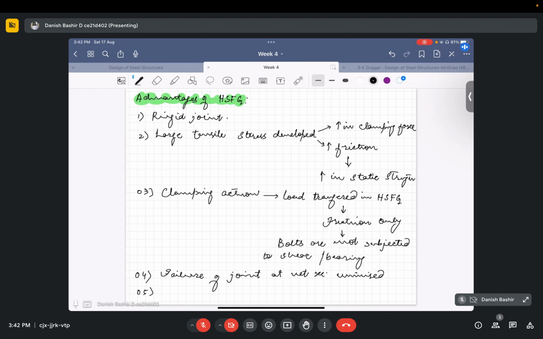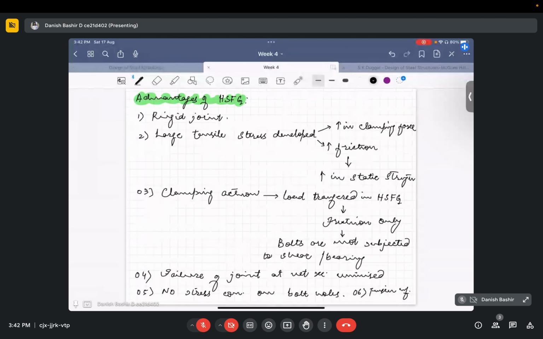Fifth, as the force is being transferred through friction, there is no stress concentration on bolt holes. And sixth, the tension in bolts is uniform. We can see a lot of advantages of high strength friction grip bolts from the book itself.